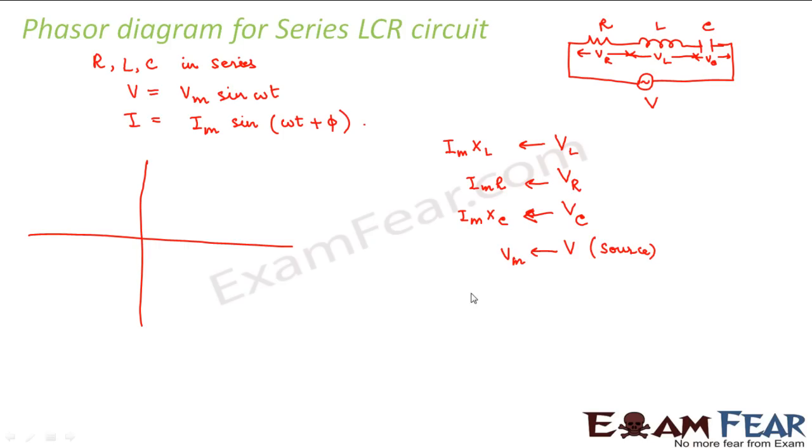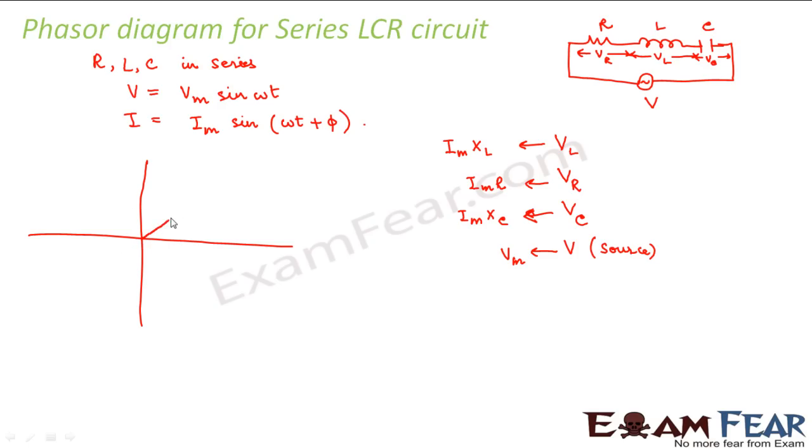So these are the peak values for each of them. The peak value for the voltage across the inductor would be Im into the inductive reactance XL. Similarly for resistor and capacitor, and the peak value for the source voltage is Vm, that is the voltage amplitude, right? So now let us try to draw the phasor diagram.